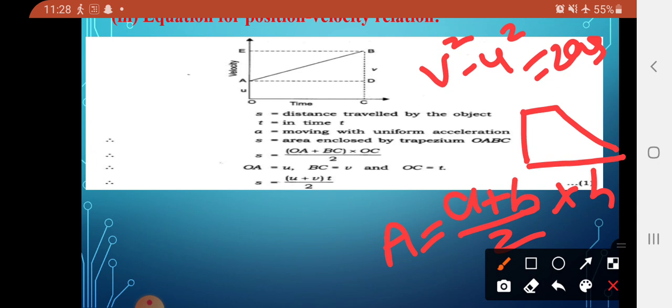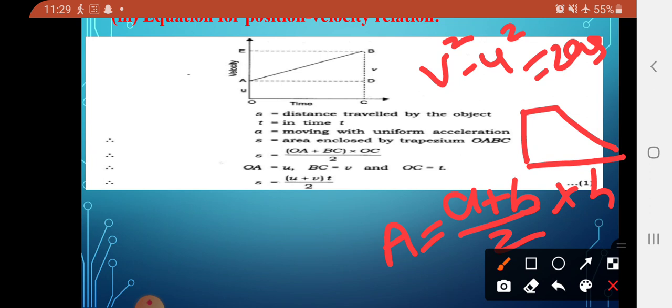So dear students, for this we have to consider what area we have to cover here. This is our trapezium area. Again we assume S is equal to the distance traveled by the object, T is the time, and A is the uniform acceleration. S is the area enclosed by trapezium OABC. As I told, we have to consider the overall area.